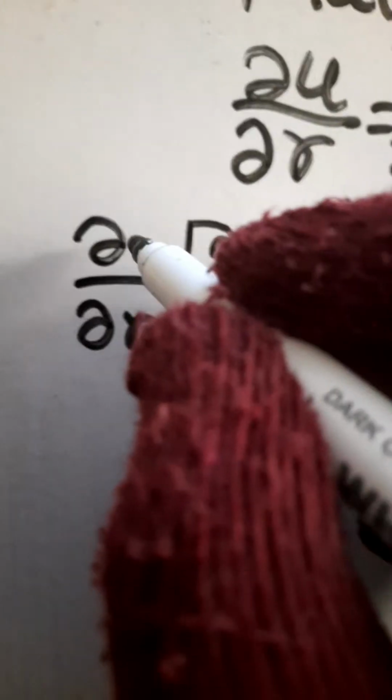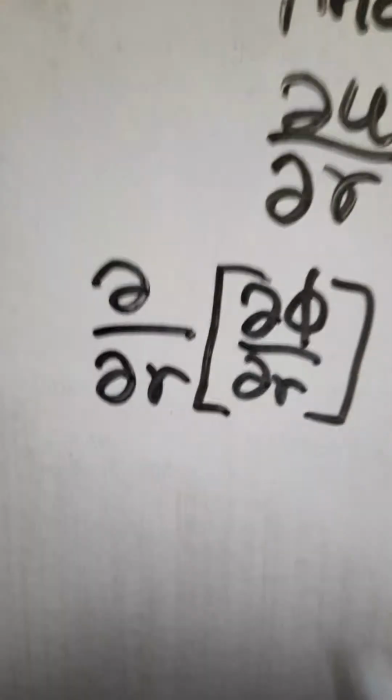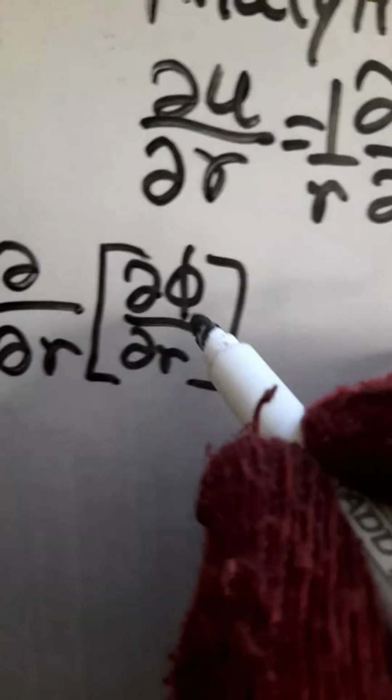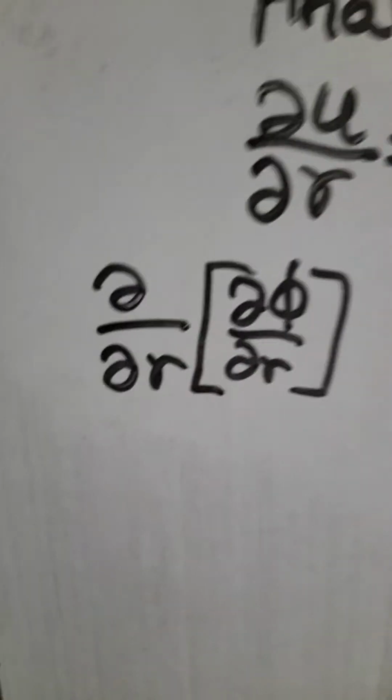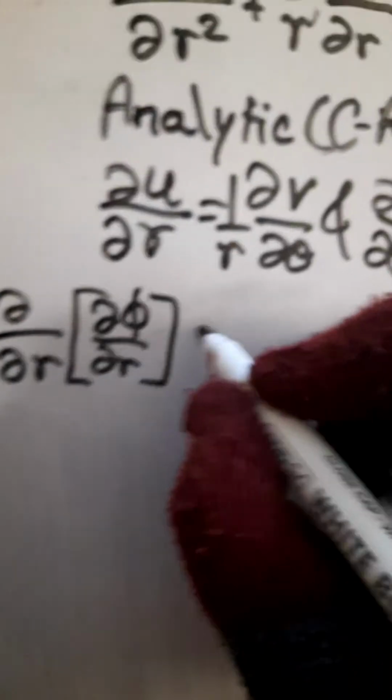Then after doing this, whatever answer comes, you have to again take derivative with respect to r. So you took derivative of phi with respect to r once, that result came, you have to take that result's derivative with respect to r again. Now that is double derivative, okay?